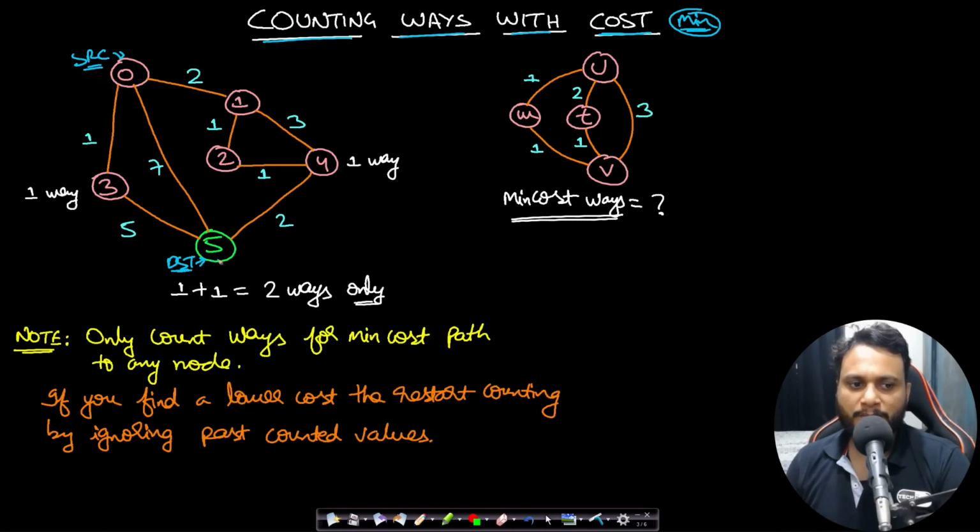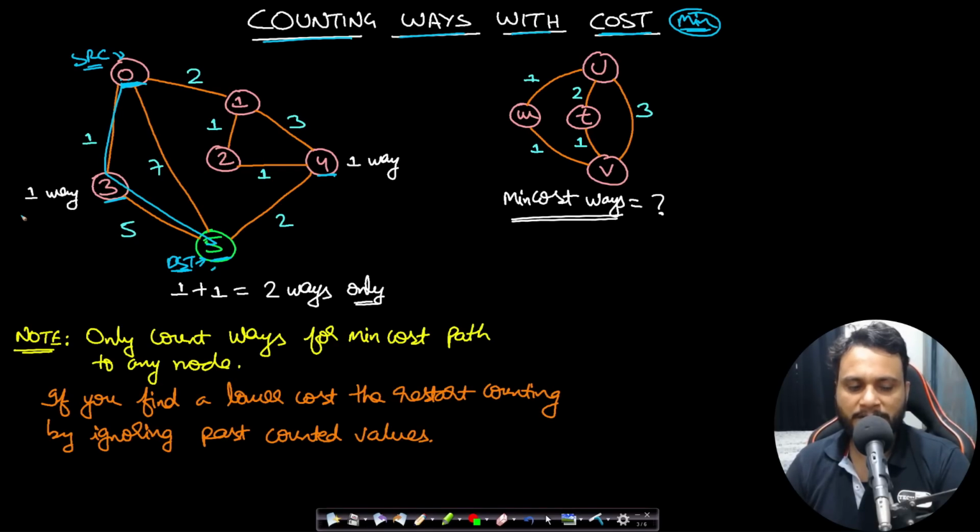So what are the neighboring nodes of 5? Neighboring nodes of 5 are 3, 0 and 4. So I can only include a neighboring node, I mean an edge to a neighboring node, if it is equal to the minimum cost. Like, can I reach from 0 to 5 using minimum cost? Well, it is not possible because the cost is 7 and the minimum cost that it takes from 0 to 5 is 6, which is 0, 3, 5.